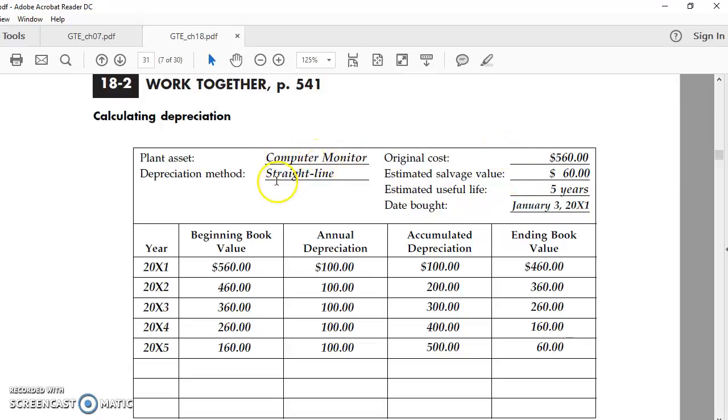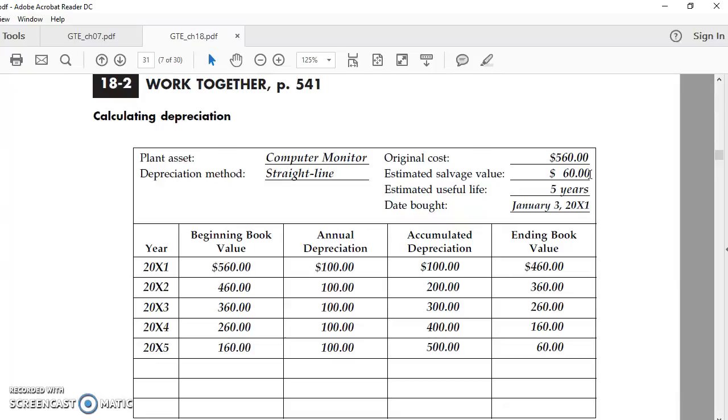They're wanting you to do straight line depreciation for a computer monitor. The original cost of this monitor is $560 and the estimated salvage value is $60. Now, I mentioned to you, and we talked about salvage value before, that's the amount at salvage that you can get for the item.